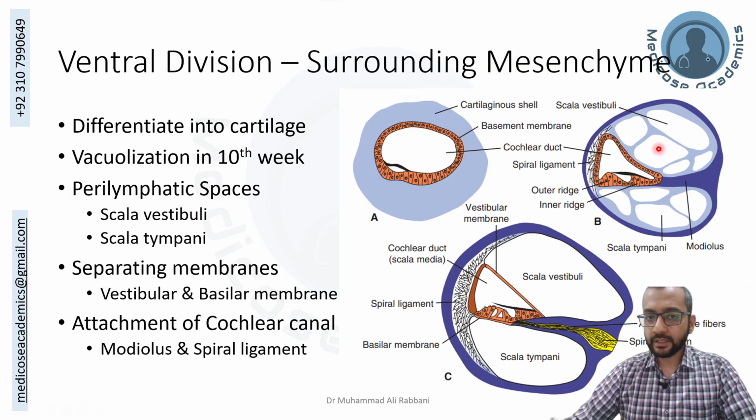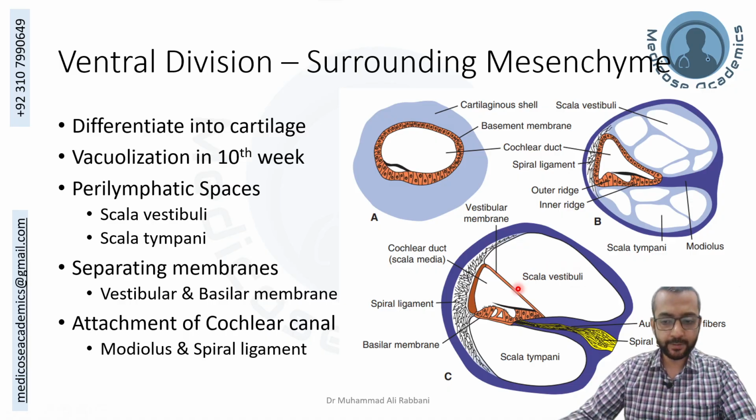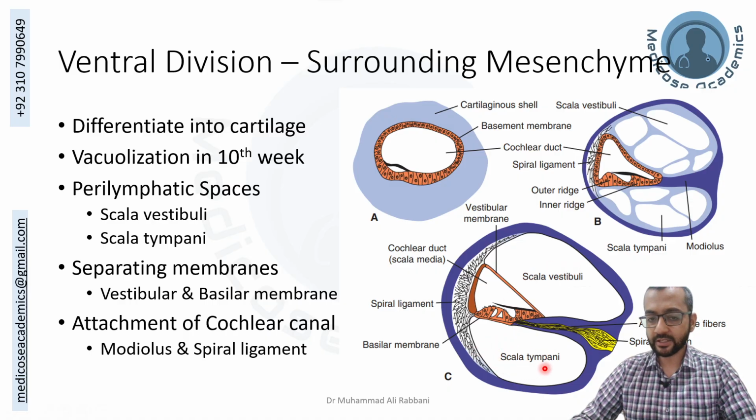This cartilaginous shell gradually starts vacuolization, and gaps start to form above the cochlea and below the cochlea too. As more and more vacuoles are made and they unite, they form a single big cavity. The cavity above the cochlea is called the scala vestibuli, and the cavity below it is called the scala tympani.